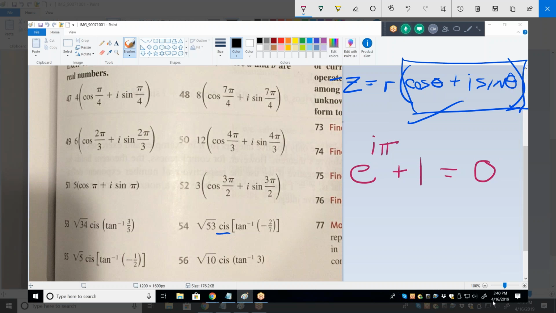You know what pi is, 3.1415. And you know what i is, the square root of -1. And those are the other two most important numbers in mathematics, 1 and 0.